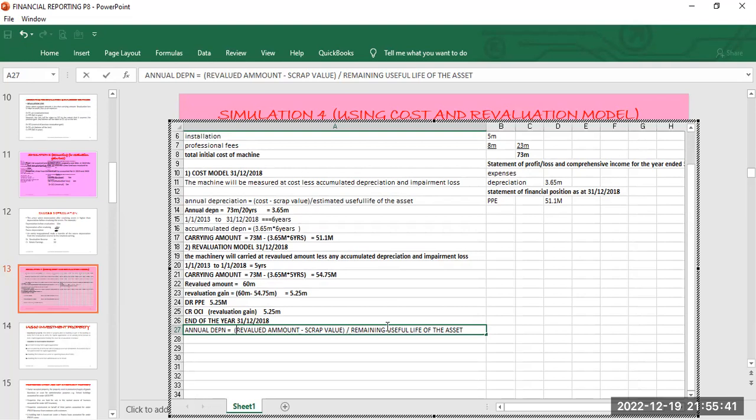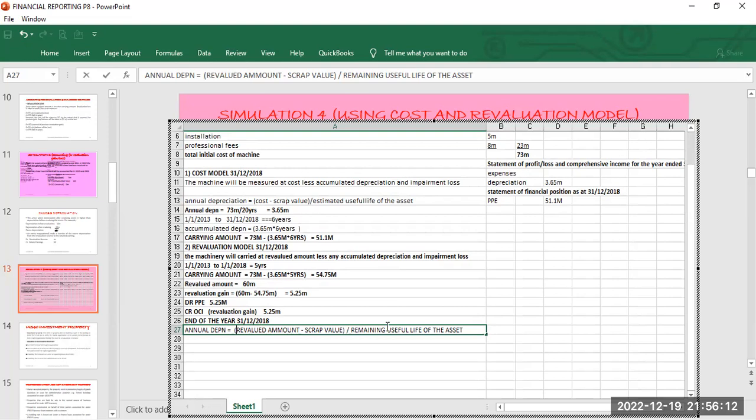So in any exam, don't be tempted to just deduct and take the 15. No, we take what they have given us as the remaining useful life. Please take note of that. You only do that when the question has not given you the remaining useful life. They may tell you that we do the revaluation after 5 years, and they keep quiet and don't tell you anything.